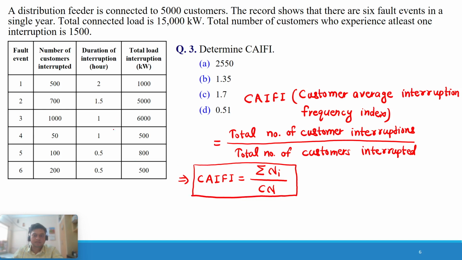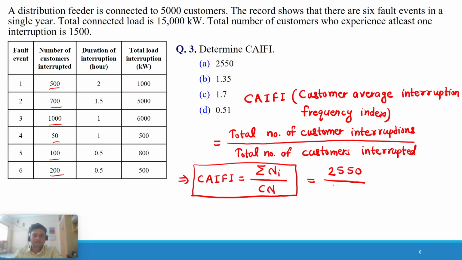Sigma ni, we will just calculate the number of customers interrupted during each fault event by doing the summation of 500, 700, 1000, 50, 100, 200. So that will give you sigma ni 2550. And Cn is just opposite to that, we will count only once the customers affected by at least one interruption.